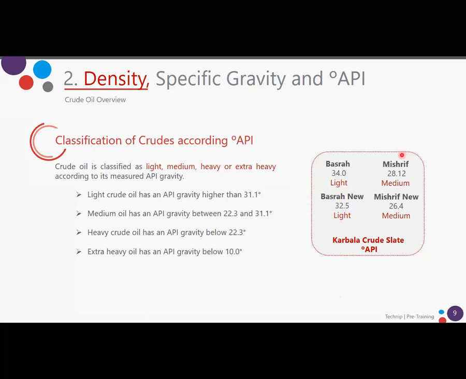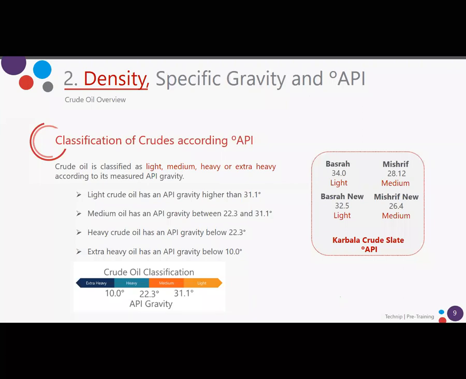And we have the midstream crude oil, whose API gravity is between 22 and 31.1, so it's classified as a medium crude oil. You will see here the classification on an arrow: light, medium, heavy, and extra heavy according to these values. It is always good to remember that for light crude oil, the API gravity is higher than 31.1.